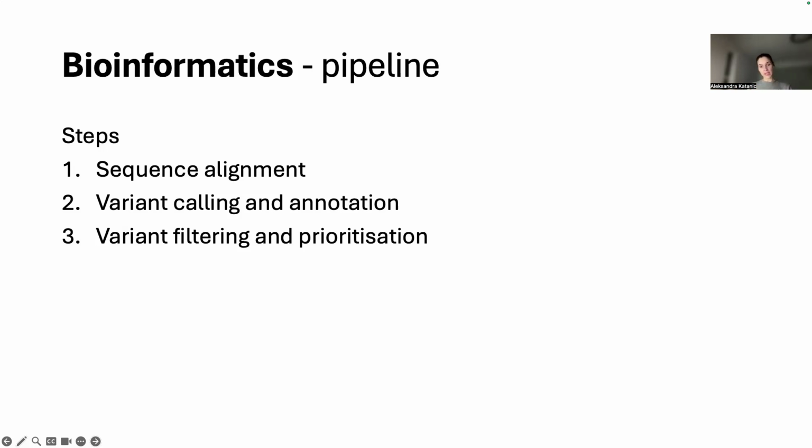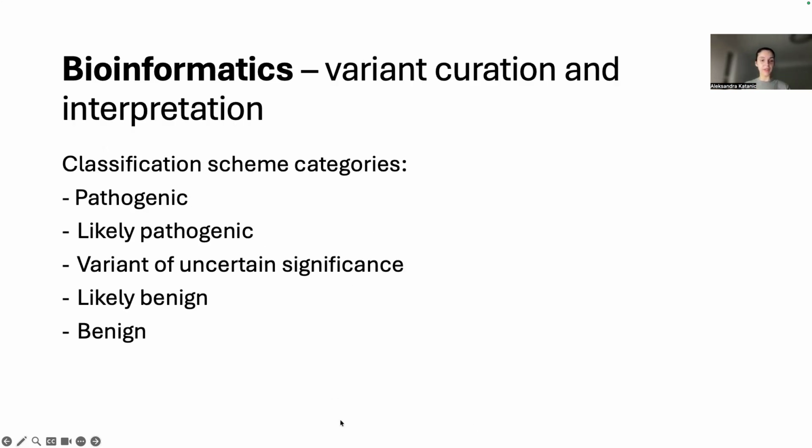When we do this classification, there's a scheme here, and it ranges from pathogenic to benign. It involves a thorough evaluation of each variant using a combination of bioinformatics tools, curated databases, scientific literature, and clinical information to classify the variant's individual potential impact on health.